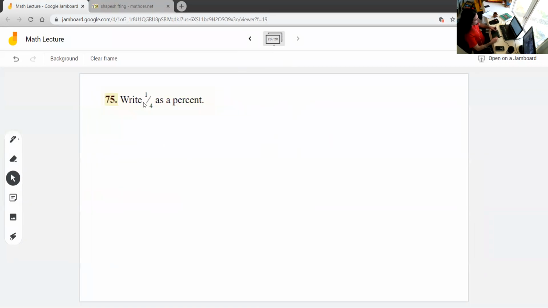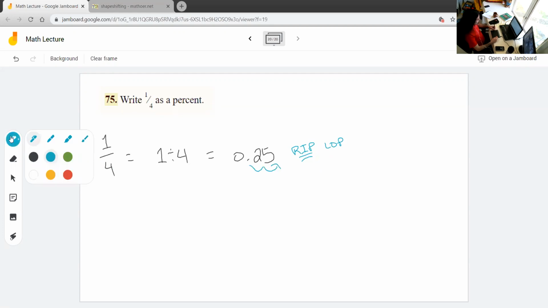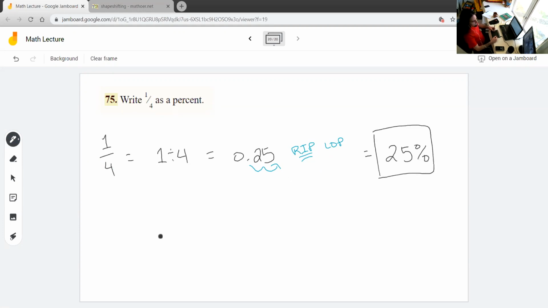We know how to change fractions to decimals. And we know a very quick way to change decimals to percents. So we're just always going to do this.